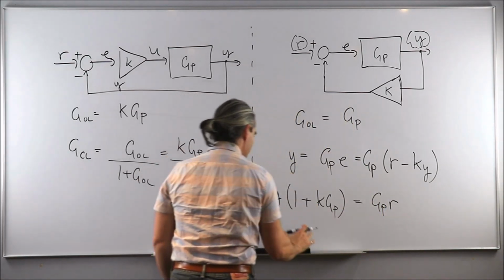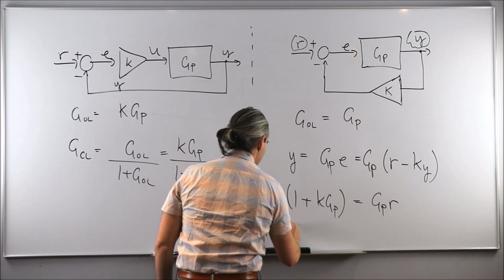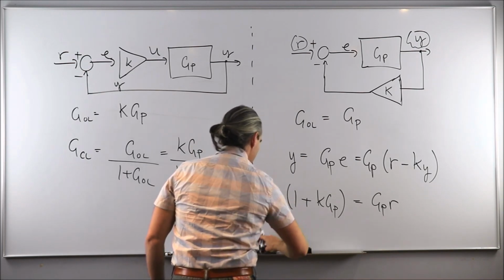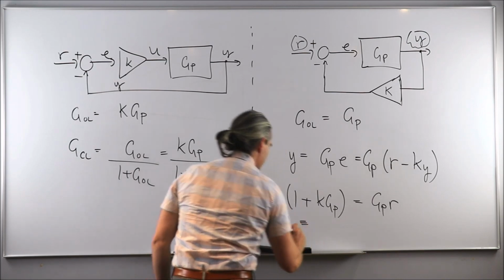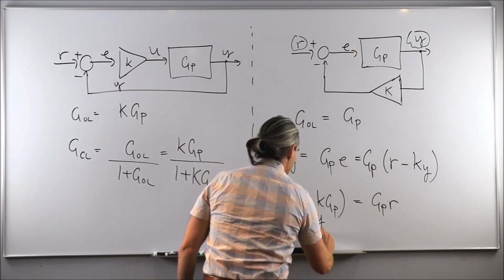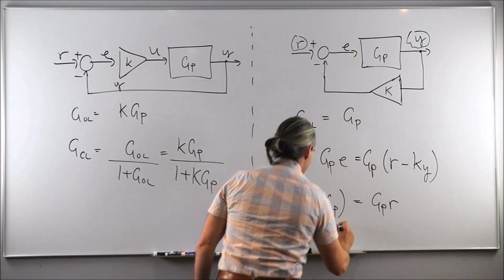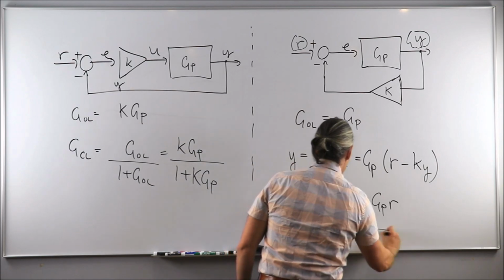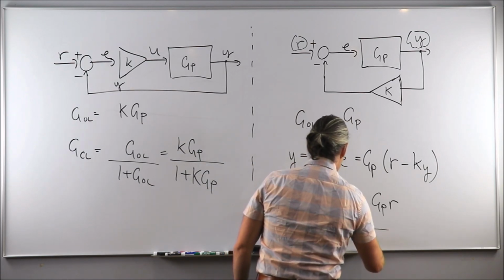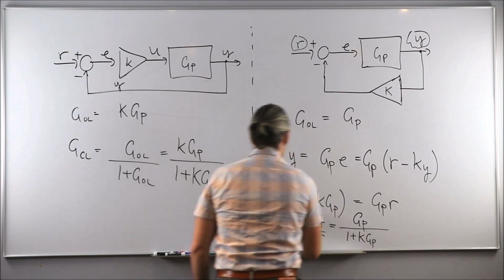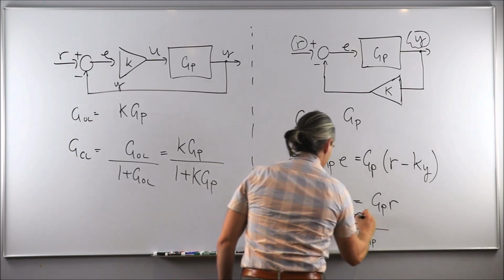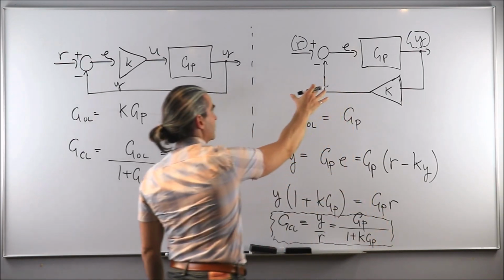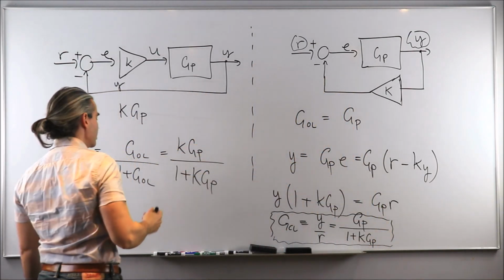Now, if you want the closed loop transfer function, this is nothing more. So G closed loop is equivalent to Y over R. And based on that equation, it is simply given by G of P over 1 plus K G of P. That is the closed loop transfer function for the MATLAB architecture behind the rlocus function.